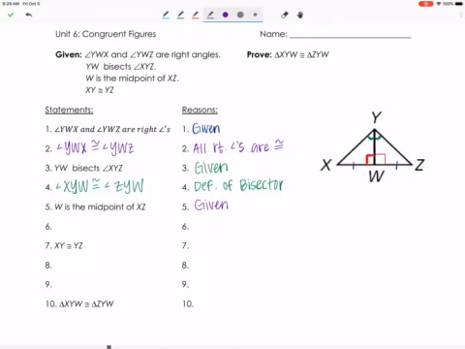So I want to say that X to W should be the same size as Z to W, because that is what a midpoint does. Definition of a midpoint. All right, number 7. How do I know that XY is the same as YZ. They gave me that information, so I'm just adding that to my picture.